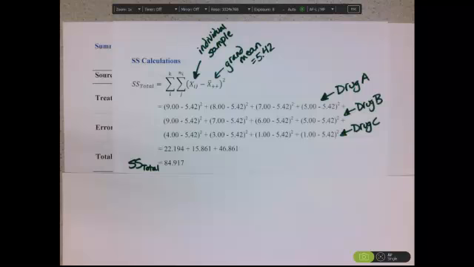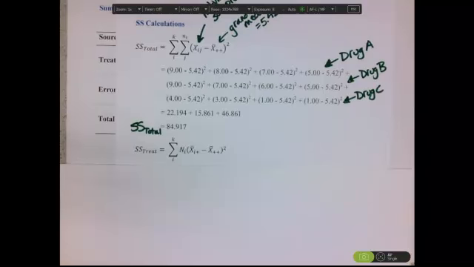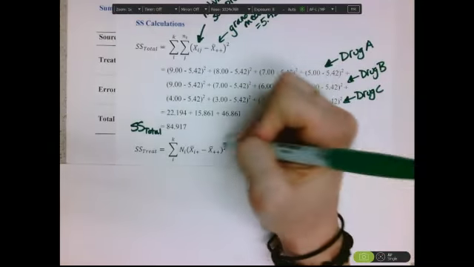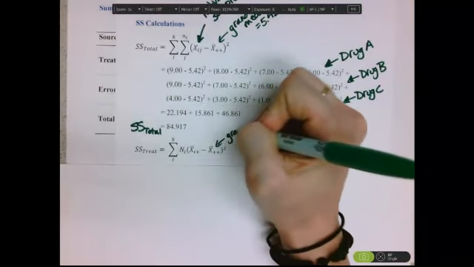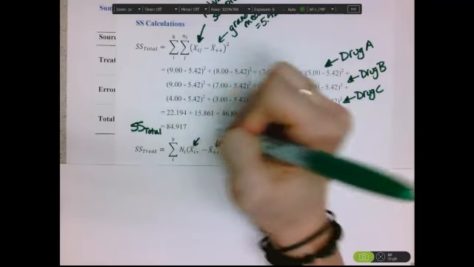Sum of squares total is based on treatment effects and on error. So for our treatment, this is how much the treatment mean varies from the grand mean. So here again we have the grand mean. We have our treatment mean.